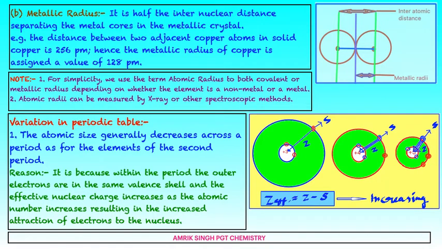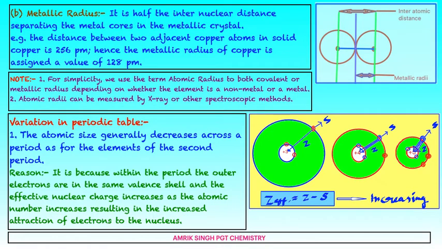Now if I move from lithium to beryllium, beryllium has atomic number 4, therefore the nuclear charge will increase from 3 to 4, but the number of electrons will be 4, 2 in the inner and 2 in the outer shell. Here also the main shell is the second shell.